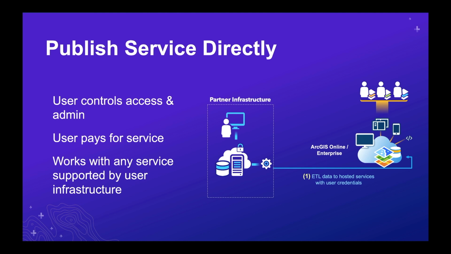They also pay for the service because they become the one that's hosting the data, and this works for any service that's supported by the user infrastructure. So it could be a feature service, but it could also be an image service because you're writing that into their environment. And so if they have the appropriate software and GIS in place, then you can write that data in.